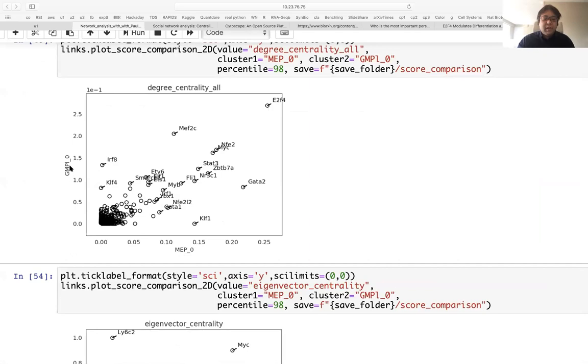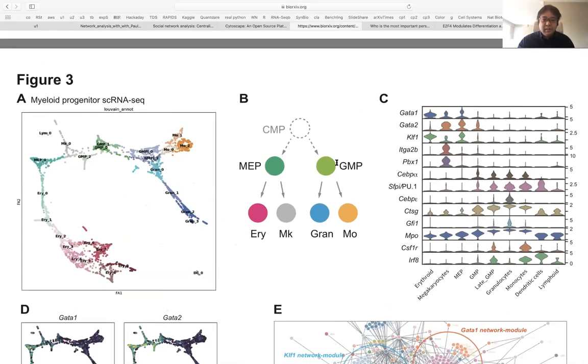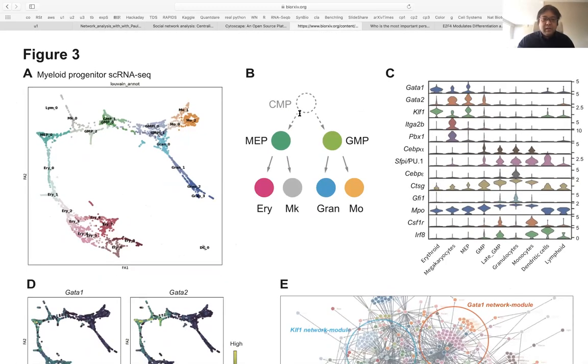But before talking about these clusters, please let me briefly explain what GMP and MEP are. Here is an illustration of the developmental trajectory, or developmental pathway. Both MEP and GMP originate from the common myeloid progenitor cell cluster here.